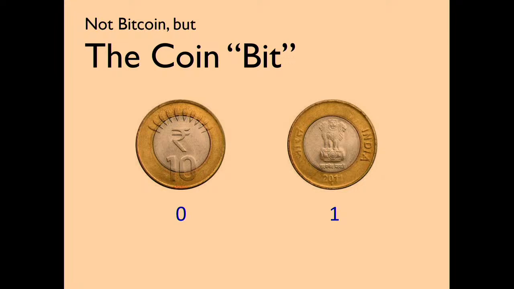So I can ask the question, after a coin toss, has the coin come up heads? That's a yes no question, right? If you tell me yes, I'll know that it's come up heads. If you say no, it came up tails. So basically I have the answer to a yes no question. So the information contained in this answer, has the coin come up heads or not, has the information content of one bit, because it's the answer to a yes no question.